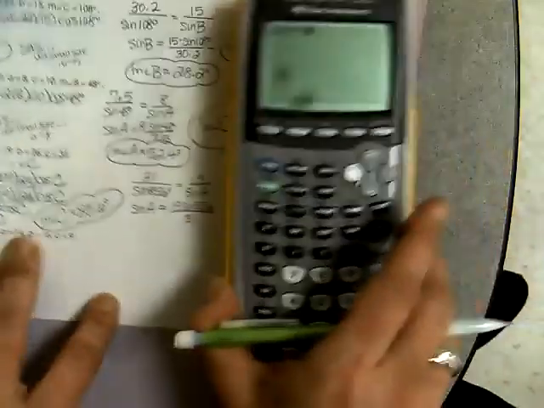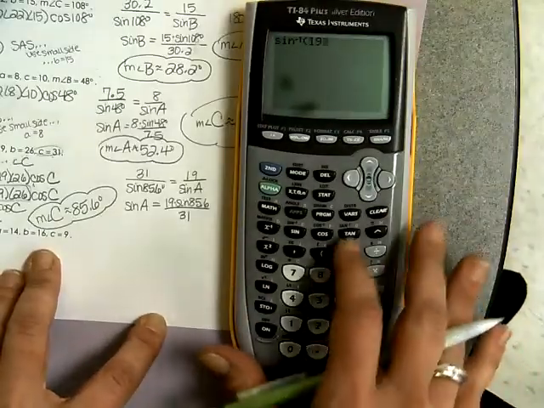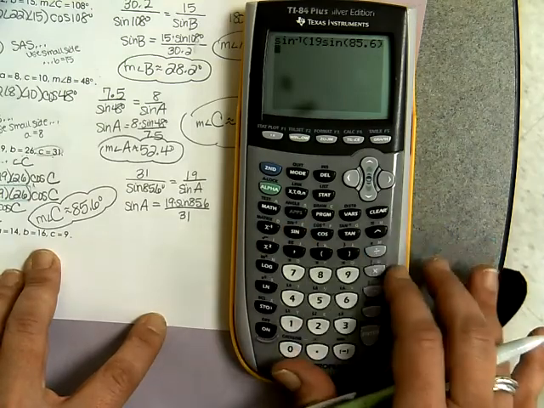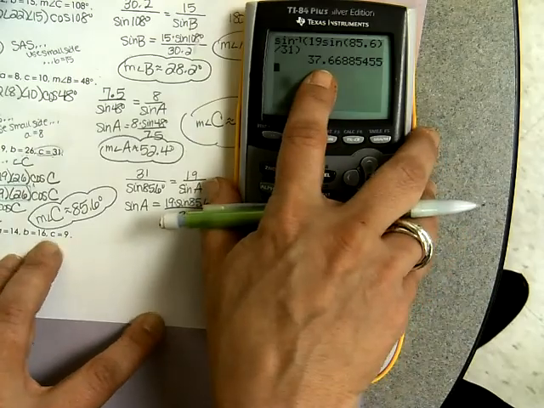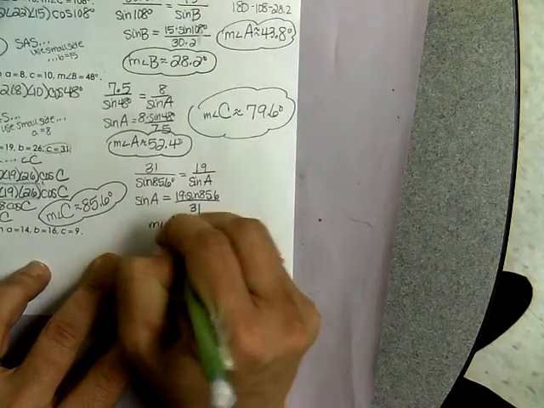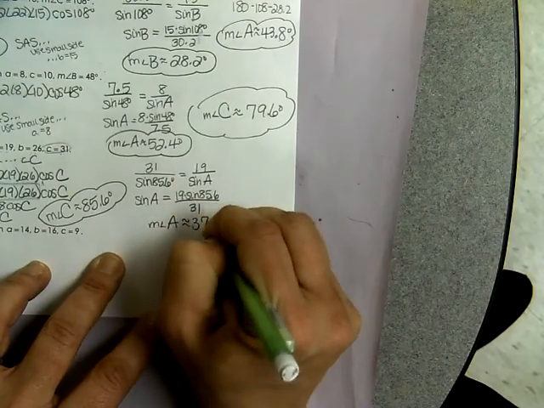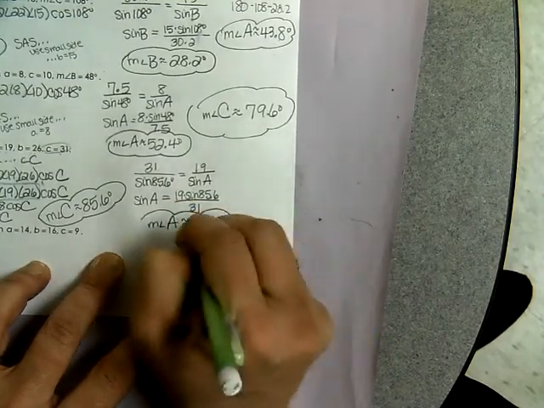Finding the inverse sine of 19 times the sine of 85.6 over 31, that's going to give me about 37.7. So the measure of angle A is about 37.7 degrees.